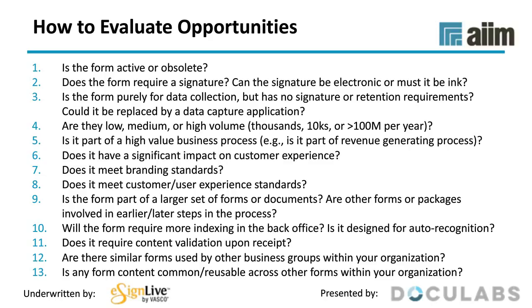And then you will see forms that are common to many business processes or have elements that are used in multiple business forms if you turn them into components. So, for example, a new account opening might be a form that's used in multiple lines of business if you're a financial services organization. Those are ones that you should target early on.